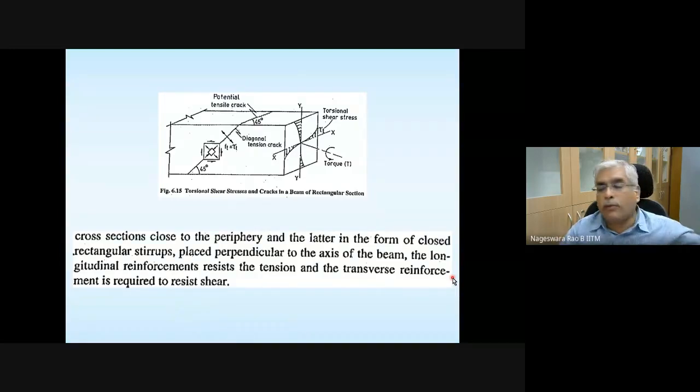That is the idea of showing you the relations given under the section on limit state of collapse under torsion in IS 456 before the beginning of this class, to get you an idea about this.